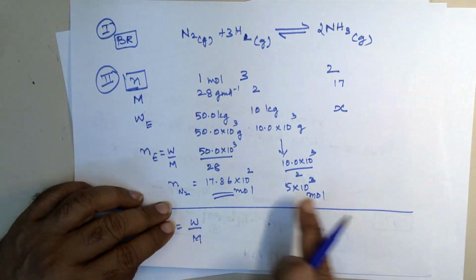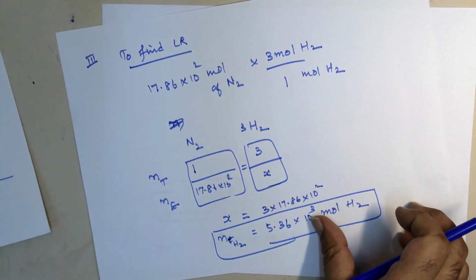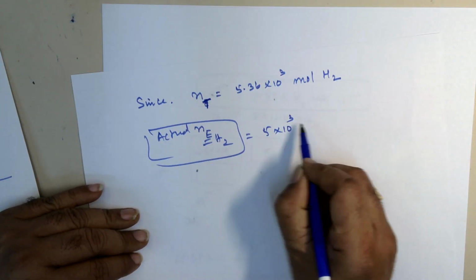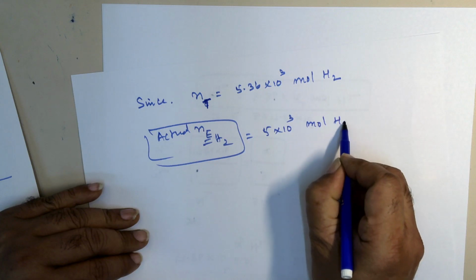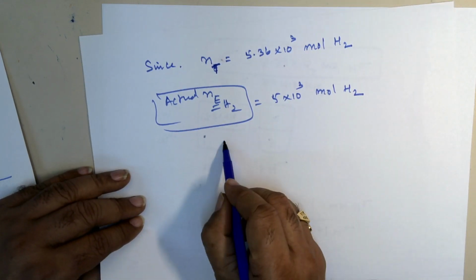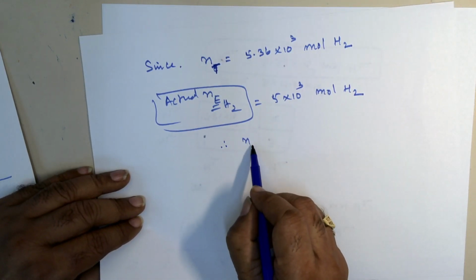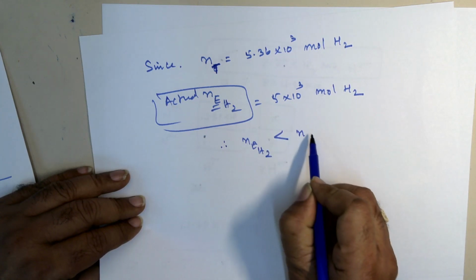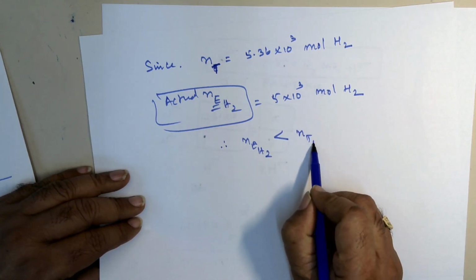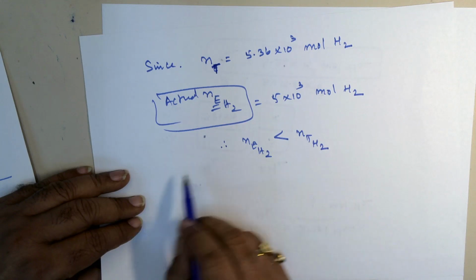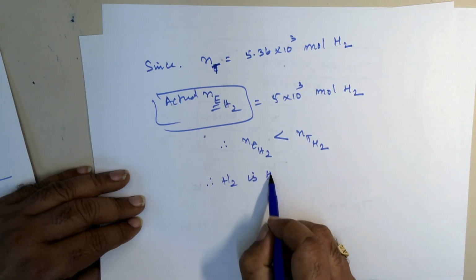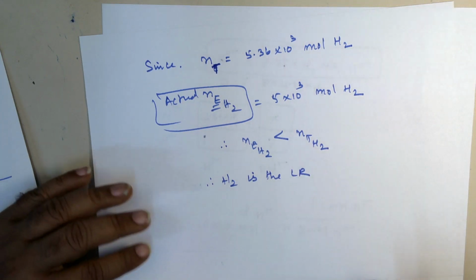We have only 5 into 10 cube, is it not? So 5 into 10 power 3 mole hydrogen only. So therefore, this N experimental is less than N theoretical of hydrogen. So you can declare hydrogen is the limiting reagent. Do you understand this point?